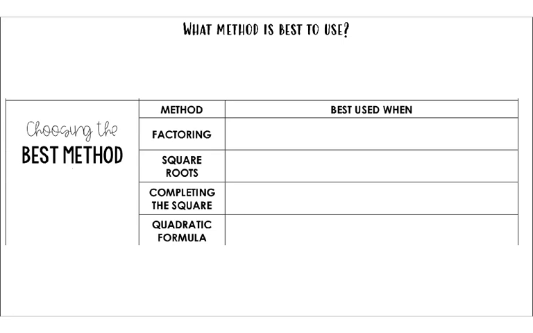Factoring is used when the equation can be factored. After Algebra 1, all equations will not be able to be factored. So you have to take into account whether an equation is factorable or not if you're going to factor.